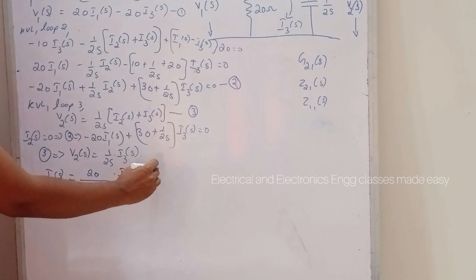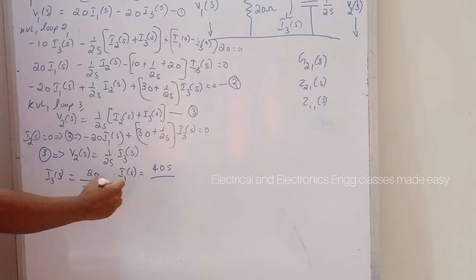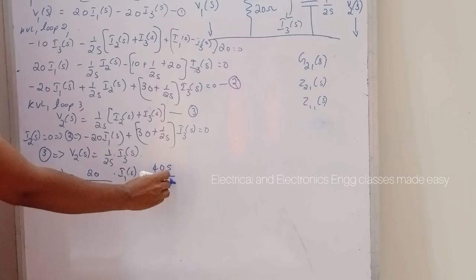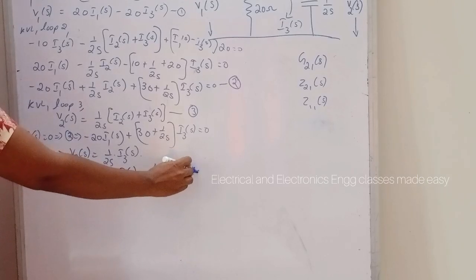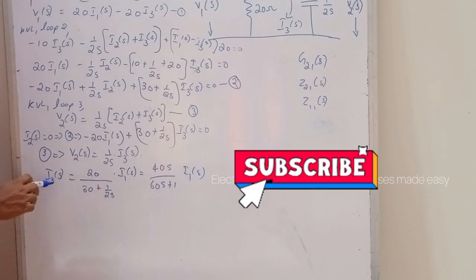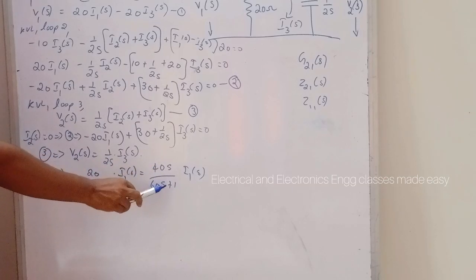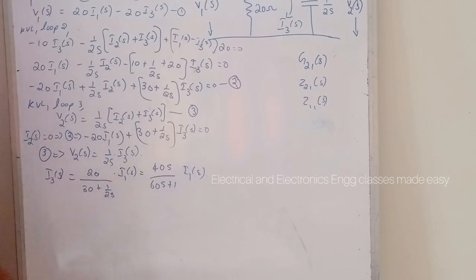So 40s divided by 60s plus 1 into I1(s). So I3(s) is equal to 40s divided by 60s plus 1 into I1(s).